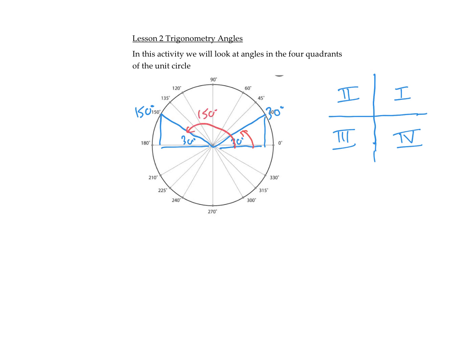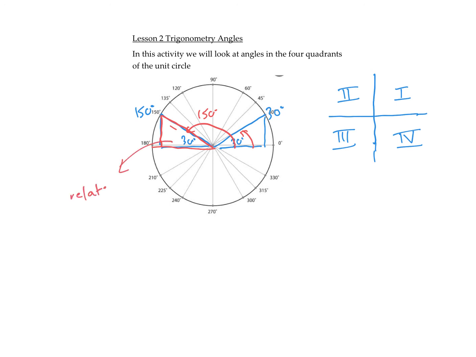The terminal arm, which is the hypotenuse, or where the angle ends, lands in quadrant 2, and then we connect to the x-axis to create a triangle.